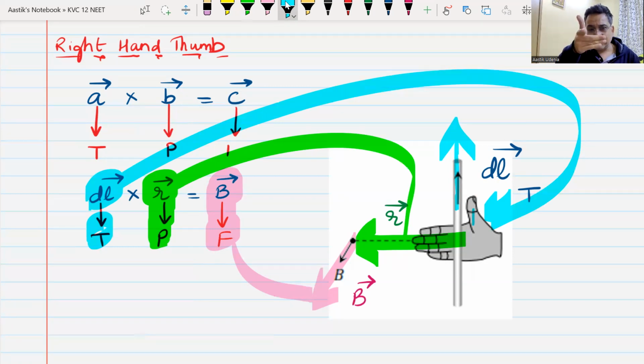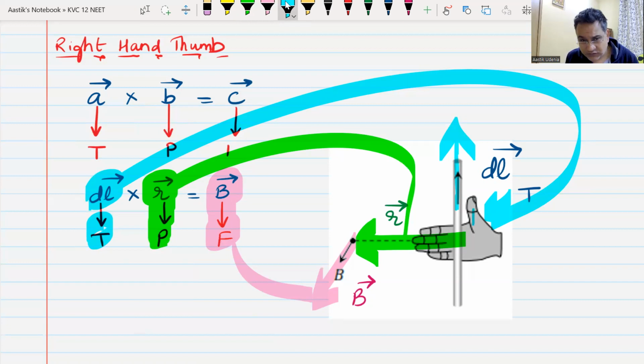Do we understand this? First vector, second vector, cross product.